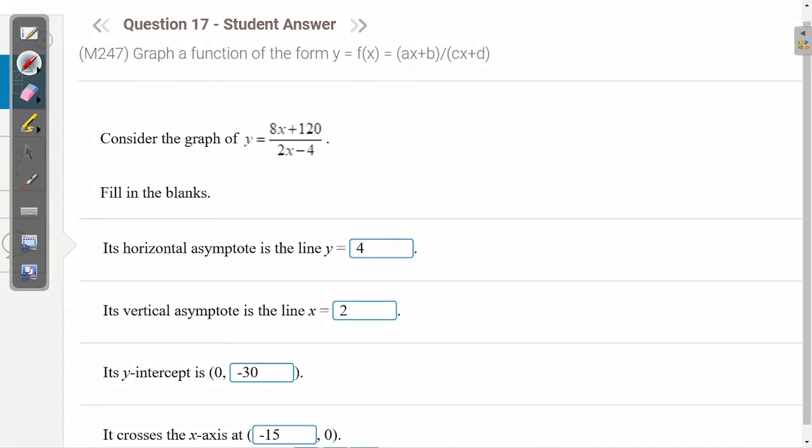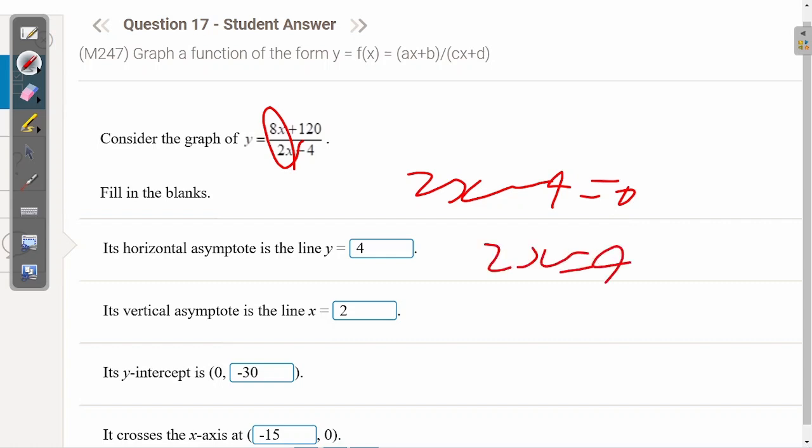Horizontal is the x over the x, so 8 over 2 equals 4. Vertical asymptote is again the denominator, 2x minus 4 equals 0, 2x equals 4, x equals 2.